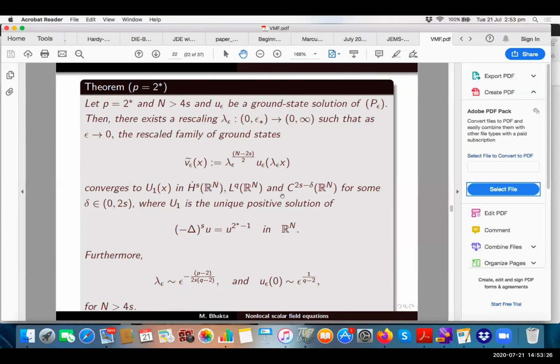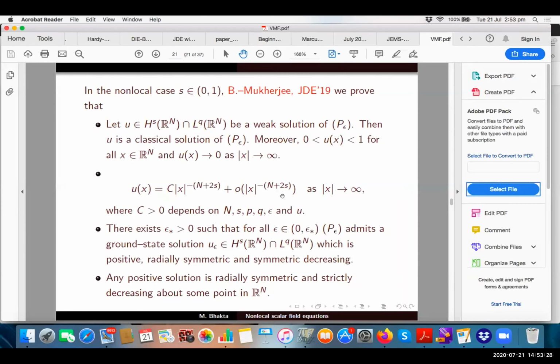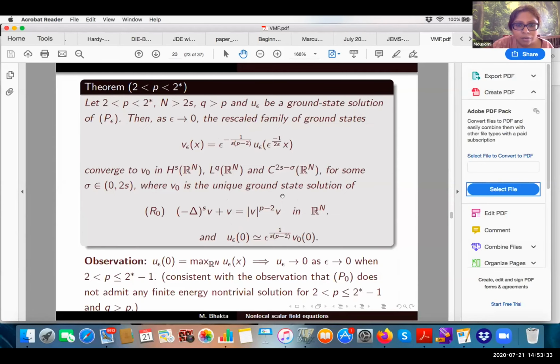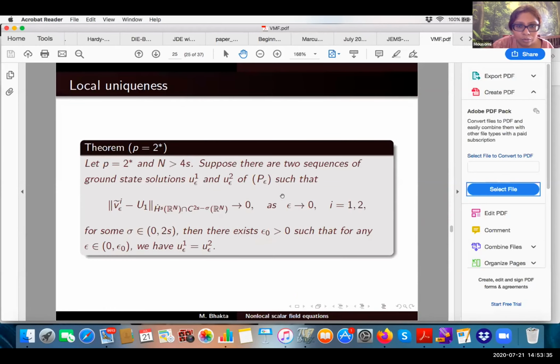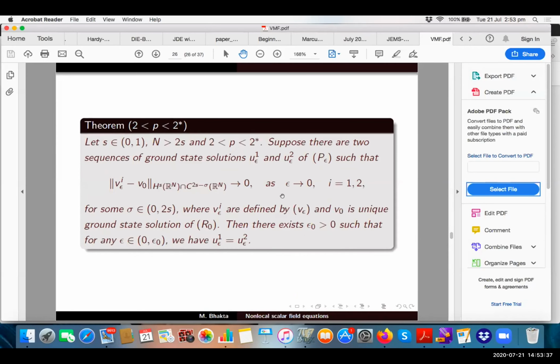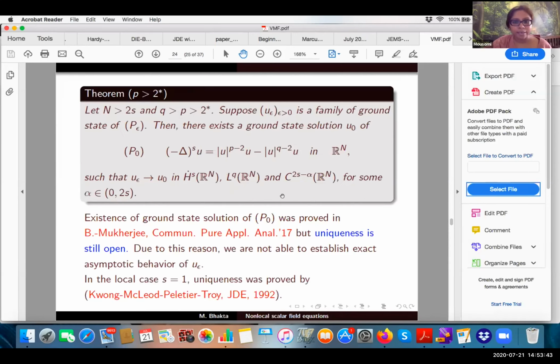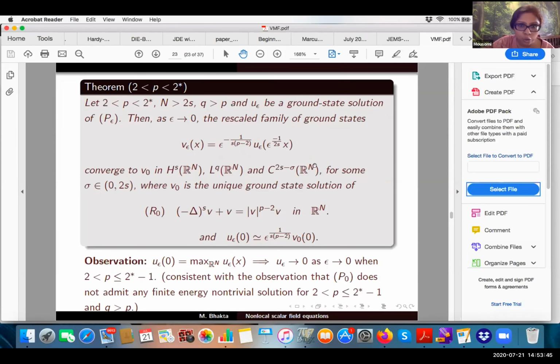No, before that, the multiplicity result, where you have a difference of two terms, u to the power p minus 1 u minus u to the power q minus 1 u. Yeah, this one. We show the convergence not only in the HS space but also in the other space.